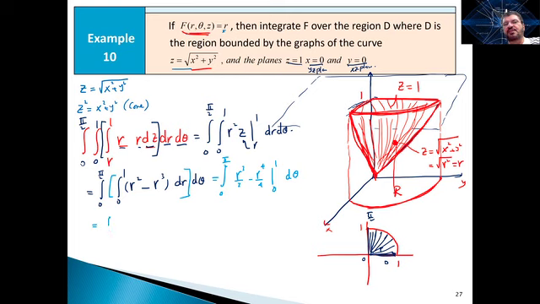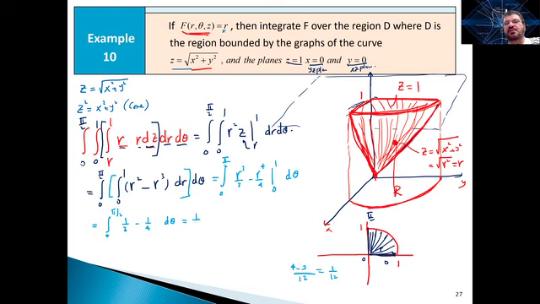You will get 0 to pi over 2. If you replace R with 1, you'll get 1 cubed, which is 1 over 3, minus 1 over 4. Minus, if you put the 0, you get 0. We're not going to plug the 0, and then d theta. Now you have 1/4 and 1/3, the least common denominator is 12. 12 divided by 3 is 4, so you have 4 minus 3, which is 1 over 12.